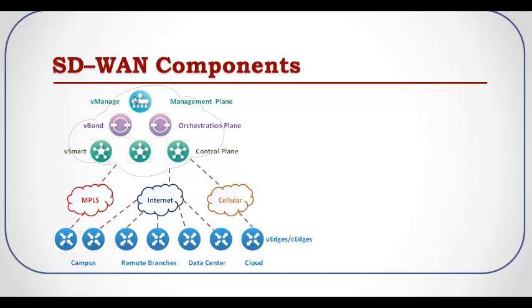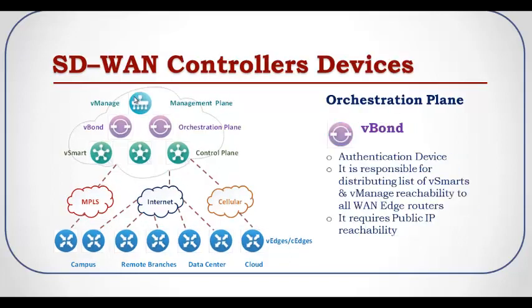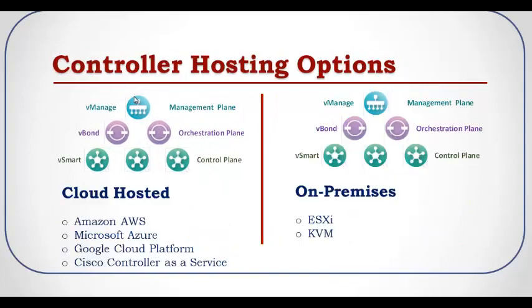And initially the edge device also uses DTLS connection to vBond. All these things we spoke. We also spoke that these controllers can be on premises using ESXi or KVM, or it can be on the cloud anywhere, maybe on the Cisco controller as a service cloud, or it can be on the Google or Microsoft or Amazon.